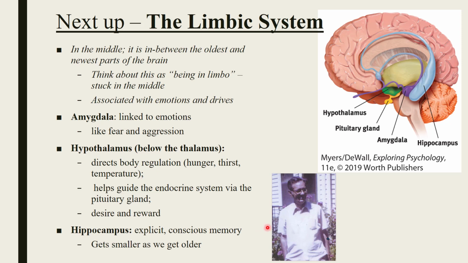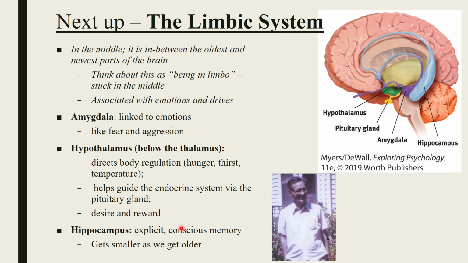So they did. They went in and did surgery, and they got rid of the parts of HM's brain that were causing the seizures, and he was able to fully recover. He basically stopped having seizures. He might have had an occasional one every now and then, but nothing like it was before, so he could almost have a normal life. Except the part of the brain that happened to be triggering the seizures in HM was his hippocampus.